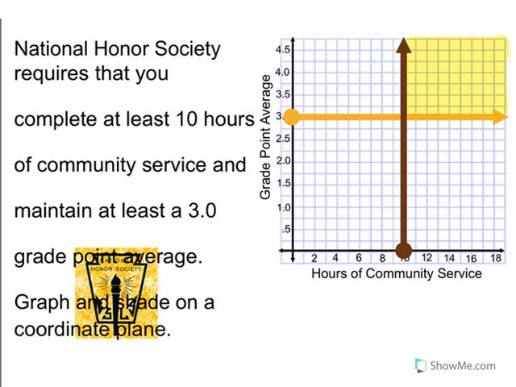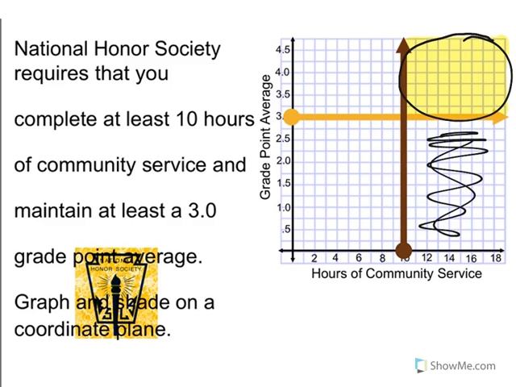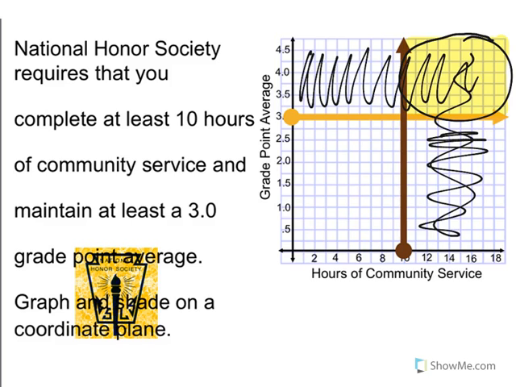And so we look for a specialized group of students, and they have to meet both qualifications. So they have to have more than 10 hours, okay, so everything on this side, and they have to have above a 3.0, and both of those things have to be true. And so a system of inequalities would help us to narrow down that field of students.